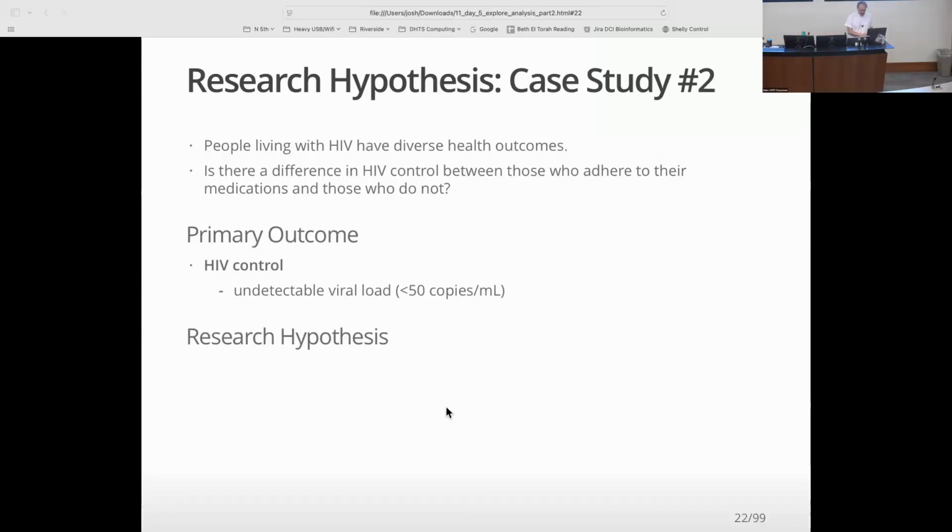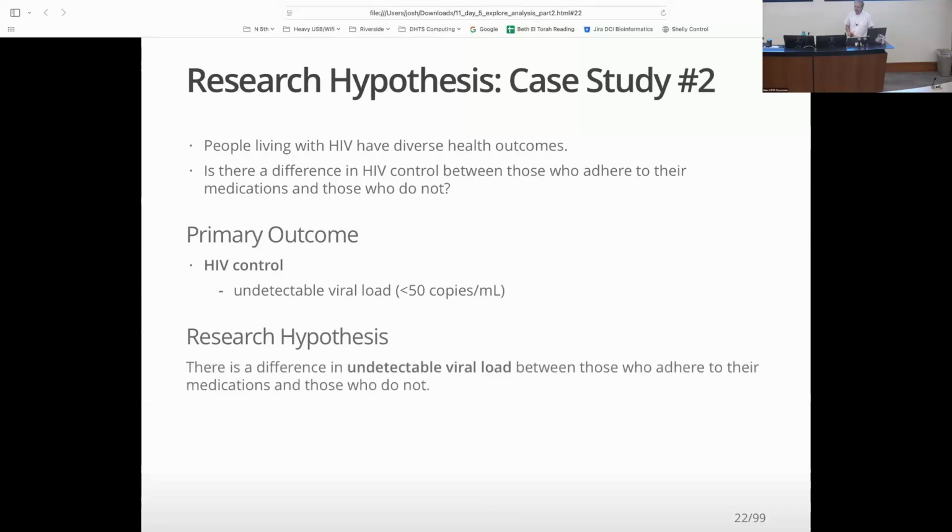Okay, so here's what I had, which I think is similar to that. The way I phrased it is: there's a difference in undetectable viral load between those who adhere to their medications and those who do not.